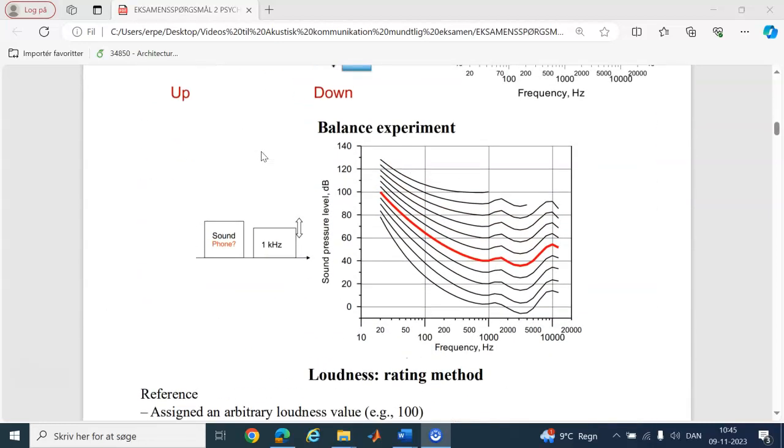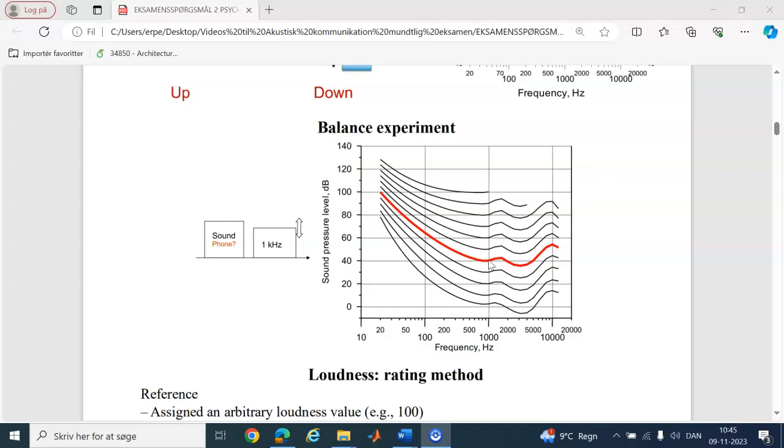Then we have a balance experiment. What does that mean? We have some 1 kilohertz tone, and we want to find out what the sound is in phones. We remember a phone is the same as a 1 kilohertz tone at 40 dB SPL.